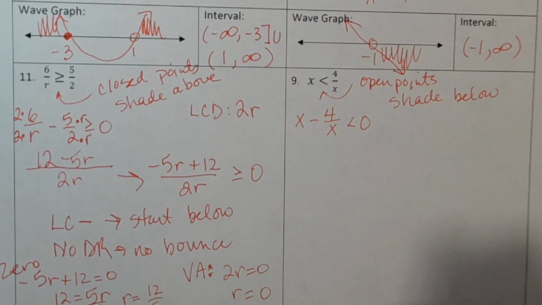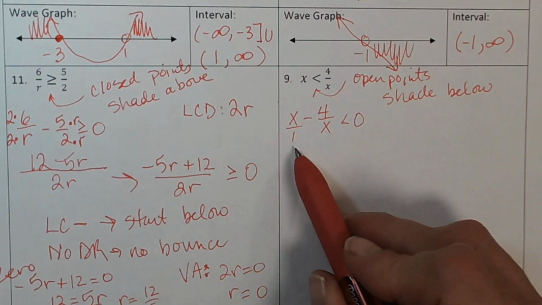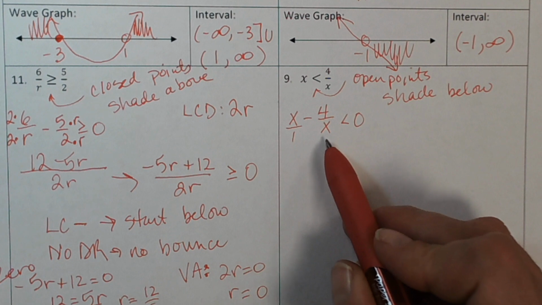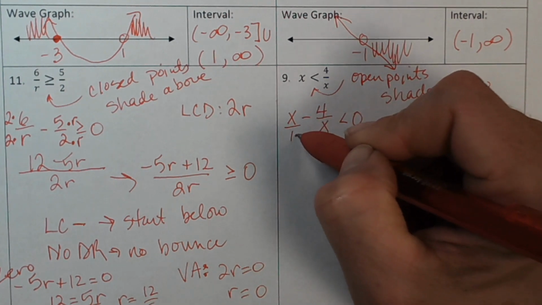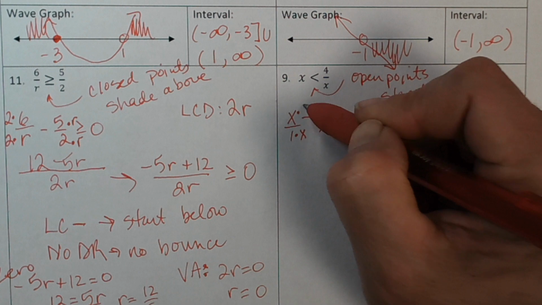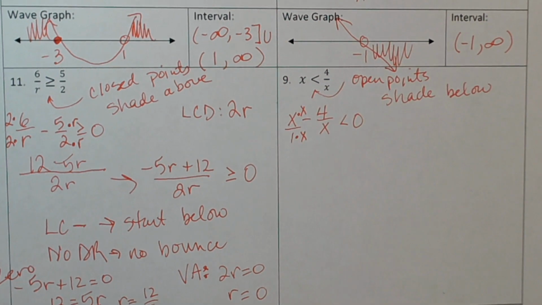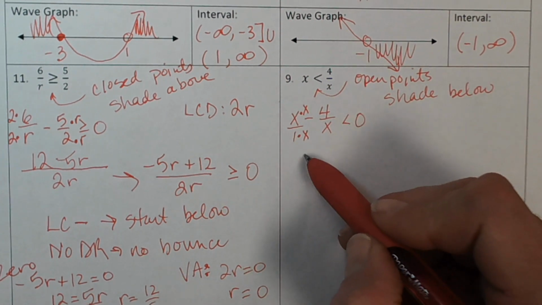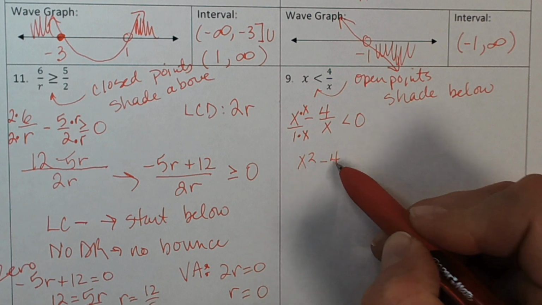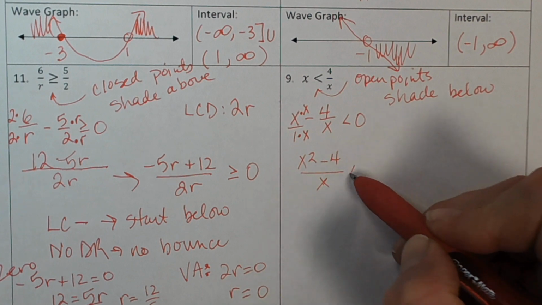Okay, now we see we need to get a common denominator. Remember, this is like it's over 1. So I have a 1 and an x, so my common denominator just needs to be an x. So if I multiply this denominator by x, I have to multiply the numerator by x. So I have x squared minus 4 over x is less than 0.